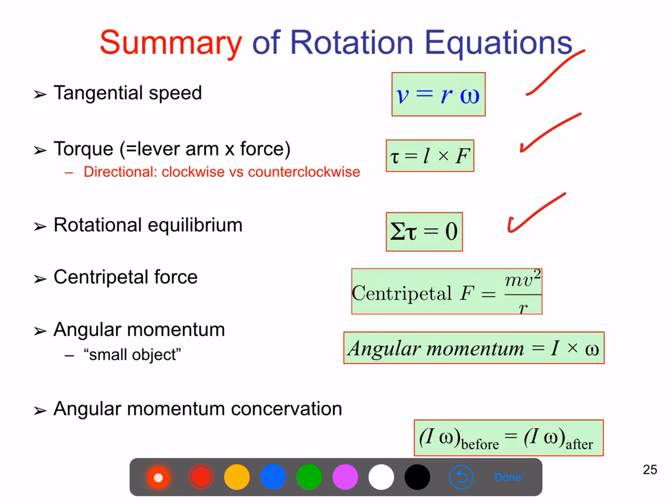We discussed centripetal force as being mv squared over r. We talked about angular momentum, I times omega, and that the angular momentum should be conserved in the absence of net external torques.